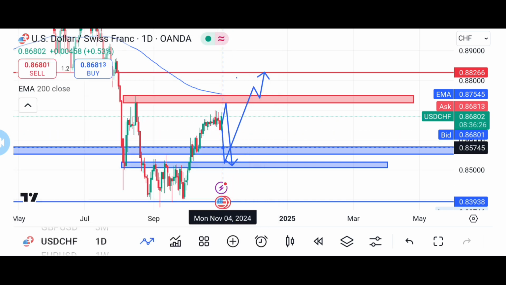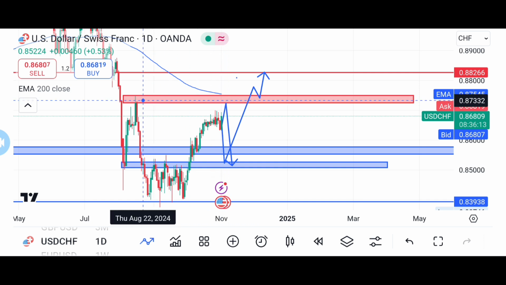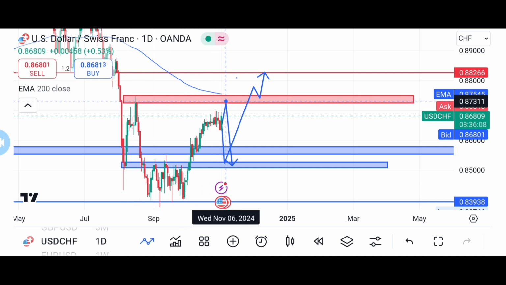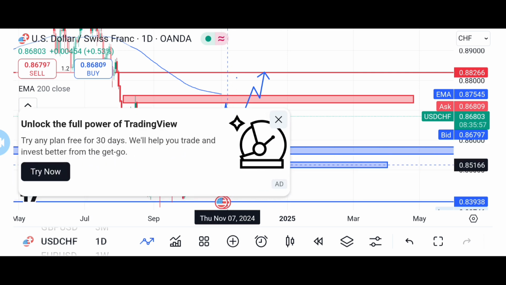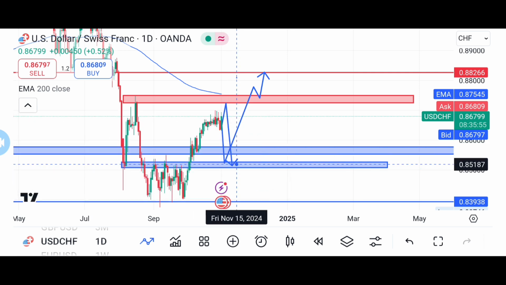In scenario number 1, if buyers have resistance here and price closes below this zone, I'm expecting to enter for a sell here because it will form a double top. Our TP1 will be at this region, and then at TP2 we shall close our trade.